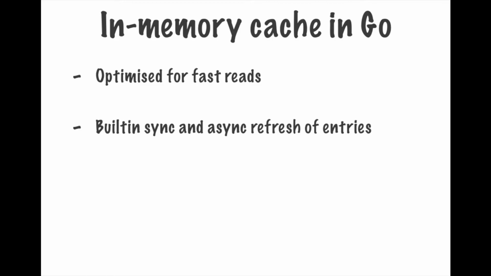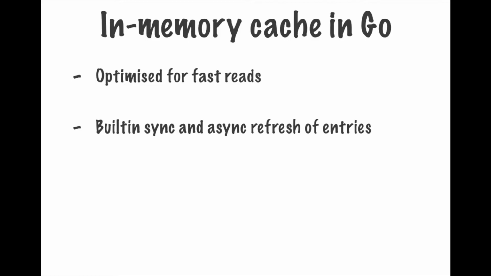And we decided to move on and create out of it a library, which is focused on being optimized for fast reads, and has built-in mechanisms for sync and async refresh of entries. So basically you just define the producer, how to obtain the value, on initialization.